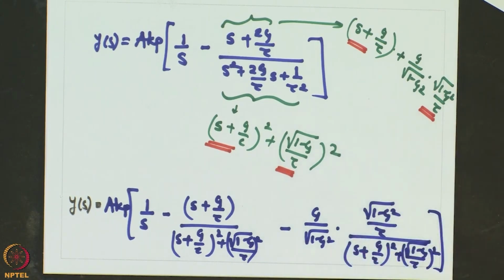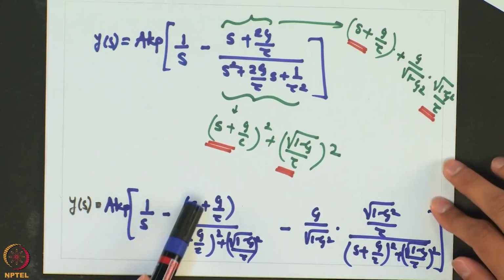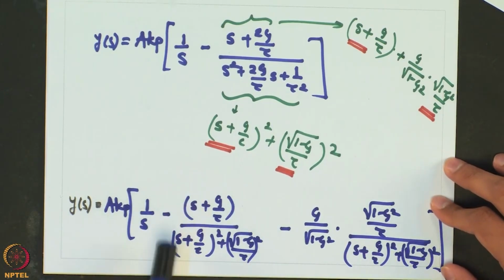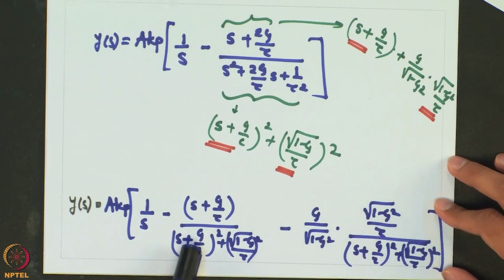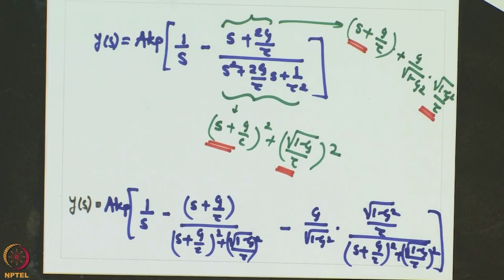So essentially we have written it as (s + a) over (s + a)^2 + omega^2, and this we have written as omega over (s + a)^2 + omega^2.